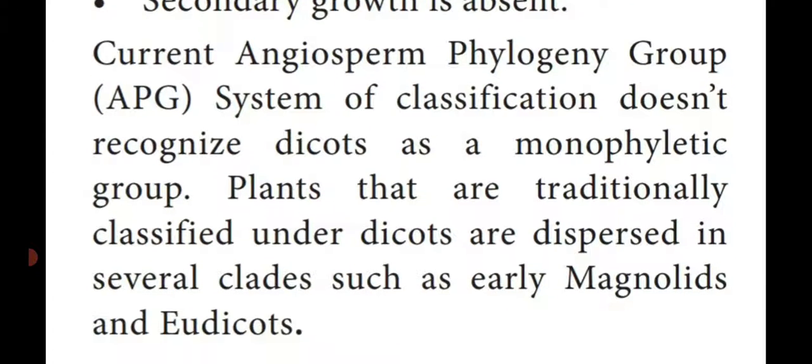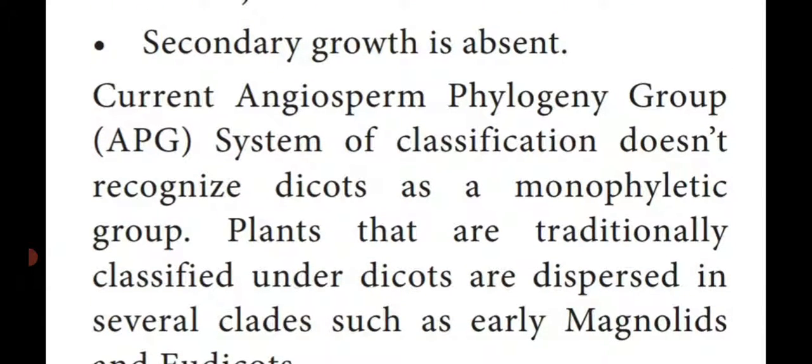Dear students, placing monocot, dicot, family, order, everything together is known as classification of plants. Nowadays we use the modern classification known as APG, the Angiosperm Phylogeny Group System of Classification.